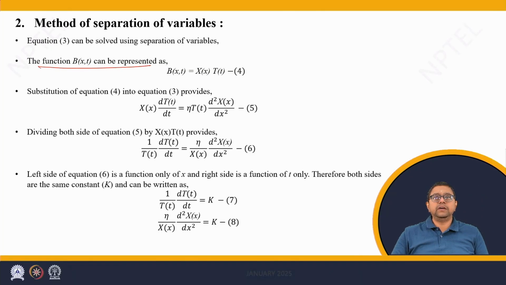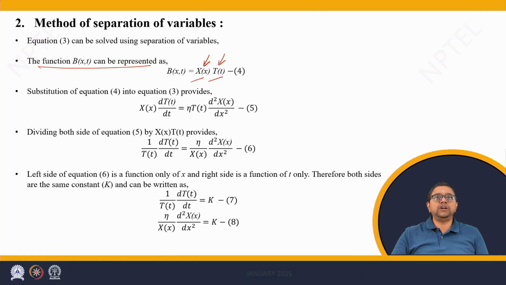The function B, which is dependent on x and t, is separated into two functions: the product of X, which is a function of x only, and capital T. Here X depends on the spatial coordinate x, and capital T is a function which depends upon the time t.